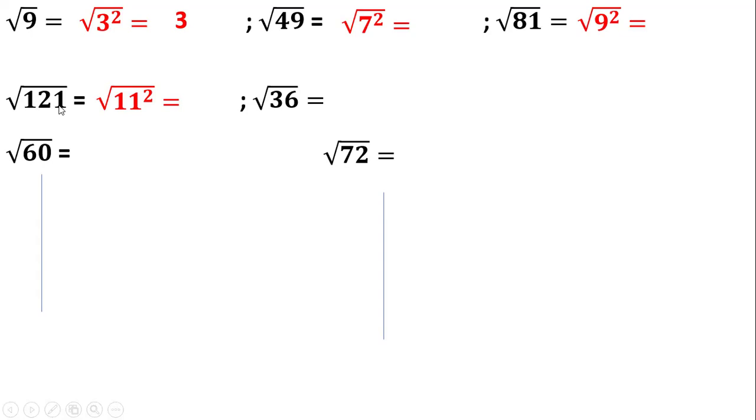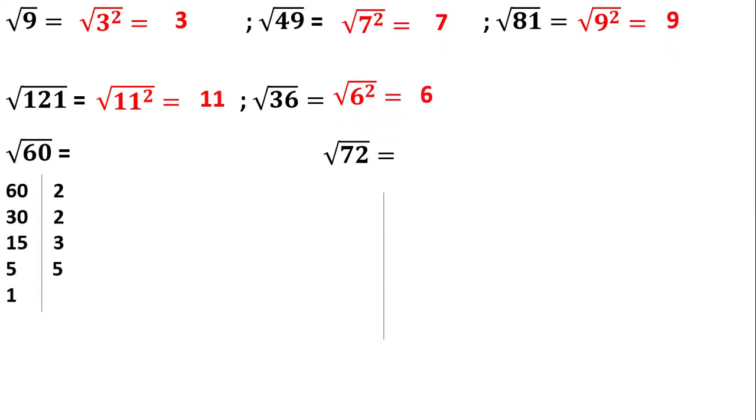Radical 121, also written as a perfect square, it's 11 squared. The square cancels the radical, it comes out as 11. Radical 36 can be written as a perfect square. 36 is 6 squared, so it is radical 6 squared. And the square cancels the radical, it comes out as 6. Now this is the answer of radical 7 squared, radical 9 squared, radical 11 squared, and radical 6 squared.